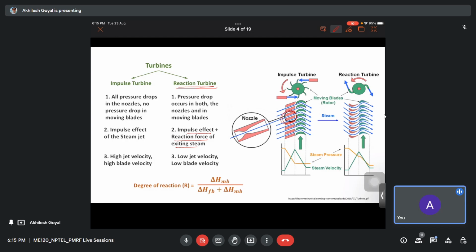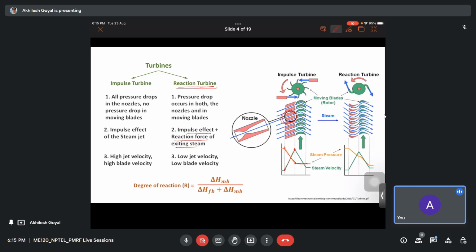So pressure from here to here drops in the nozzles, and the result of this pressure drop is that the velocity of the steam increases in the nozzle itself. And then we can see in the moving blades there is no pressure drop, but the steam velocity drops continuously. So it shows that the pressure drop occurs in the nozzle itself and there is no pressure drop in the moving blades.